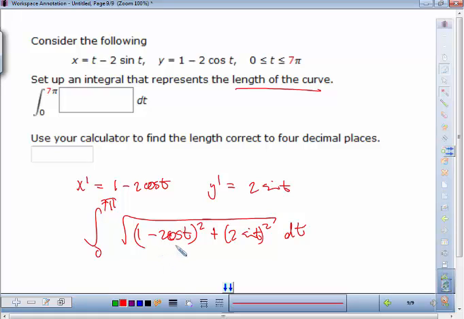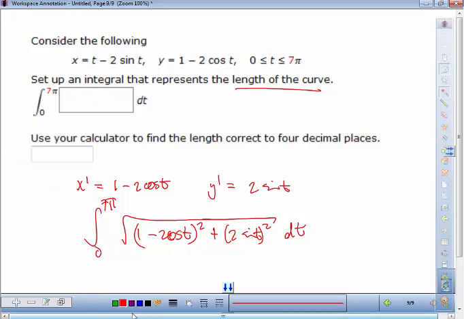You have to FOIL this out, so there's going to be a middle term that might help or hinder whatever you're doing. In any case, if you have time and energy, you should mess around with this to see what you can get.